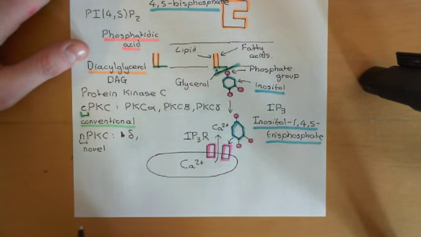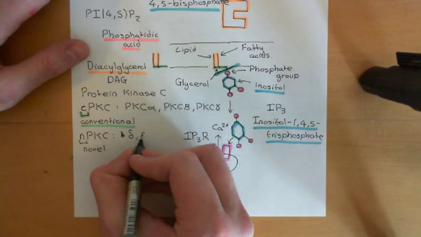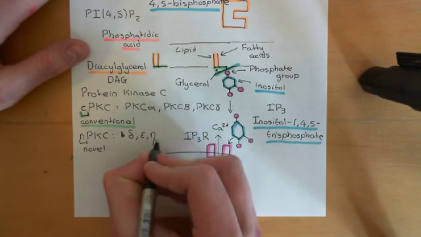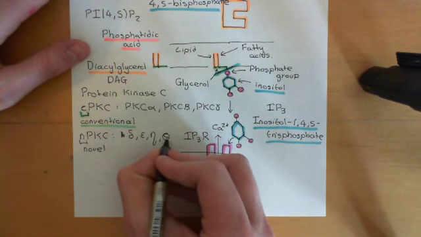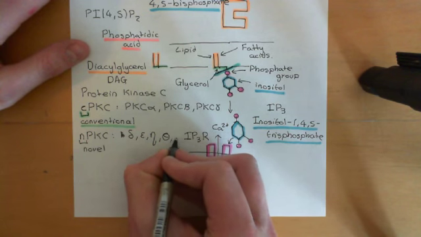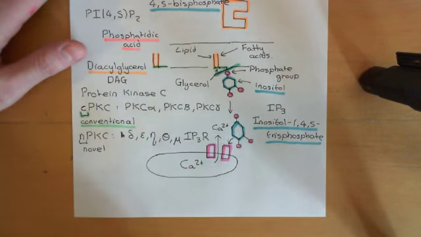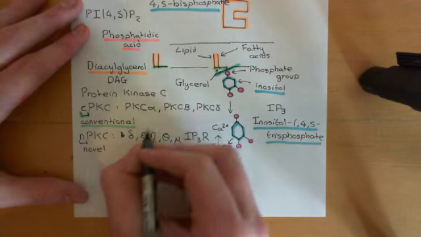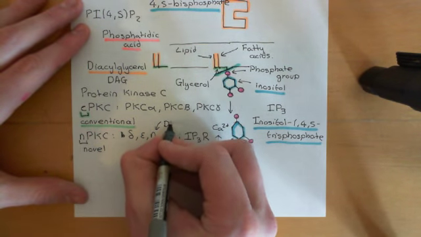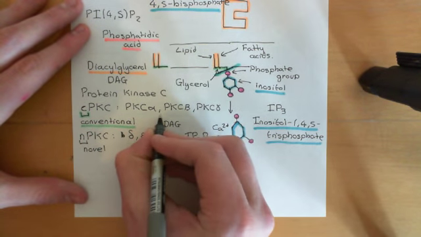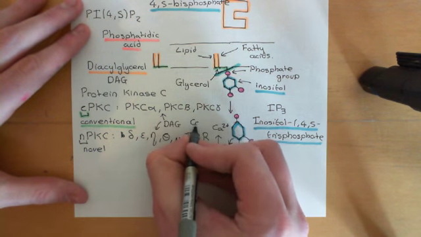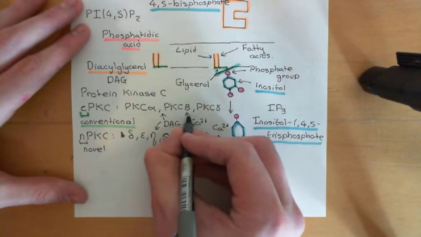Protein kinase C delta, protein kinase C epsilon, protein kinase C eta, protein kinase C theta, and also protein kinase C mu. So these ones are just activated by diacylglycerol, whereas the conventional ones up here are activated by diacylglycerol and calcium.